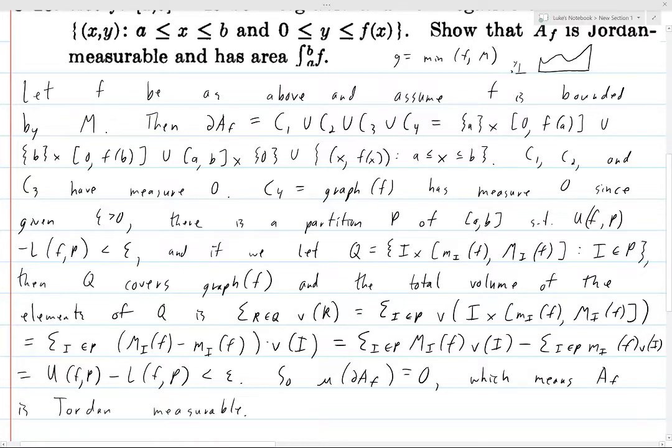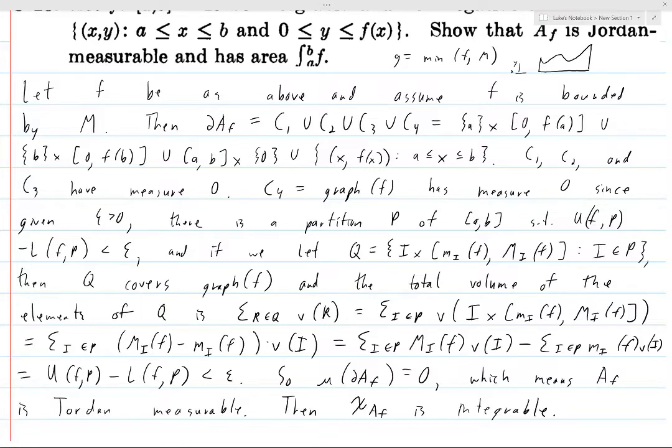All right. So then the indicator function on A_f is integrable. This is from the previous section. Let's see here, is this one of the things that requires it to be bounded?